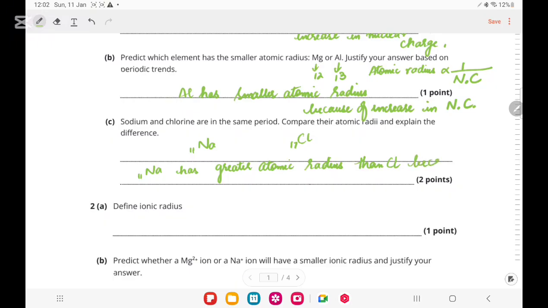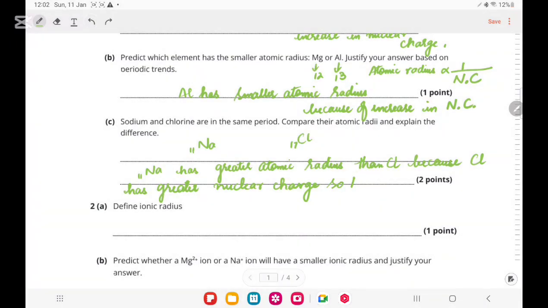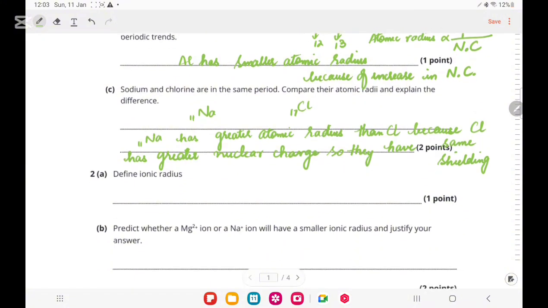Because chlorine has greater nuclear charge, and as they both belong to the same period, they have the same shielding. That means shielding electrons remain constant throughout the period.